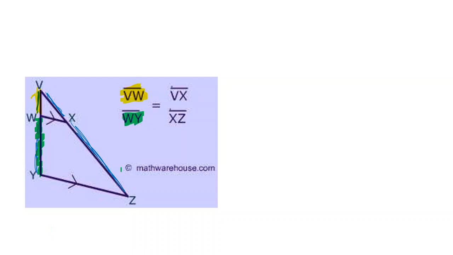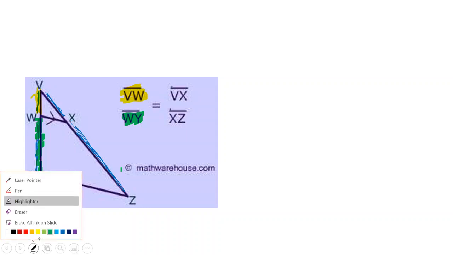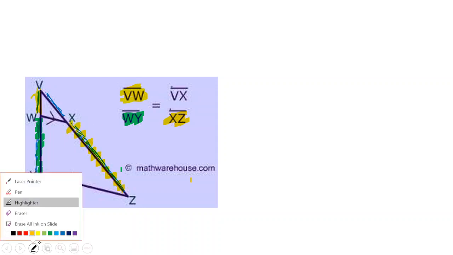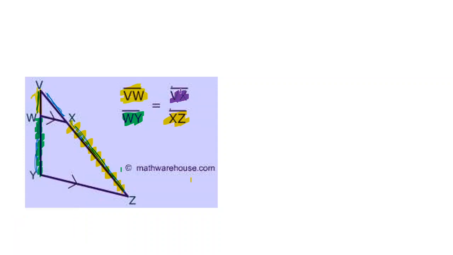So they're proportional. Yellow is to green as, let's see, make XZ orange. Yellow and orange look pretty close with a purple background. As to VX, the purple. Okay? So hopefully you see top over the bottom, how that ends up being proportional.